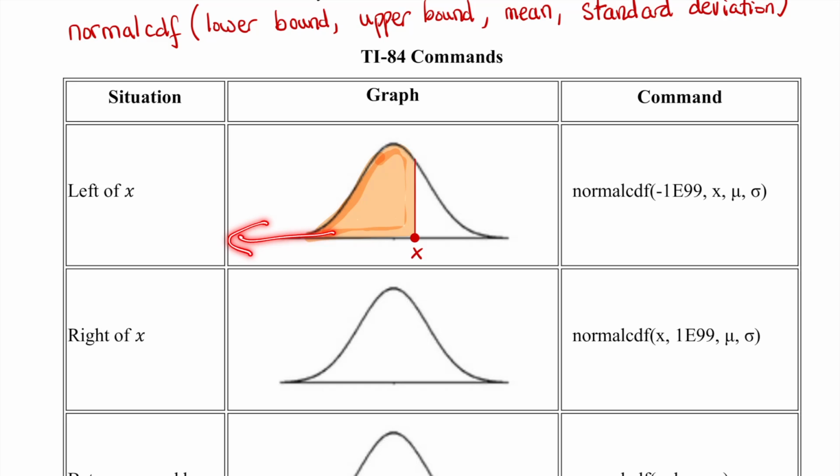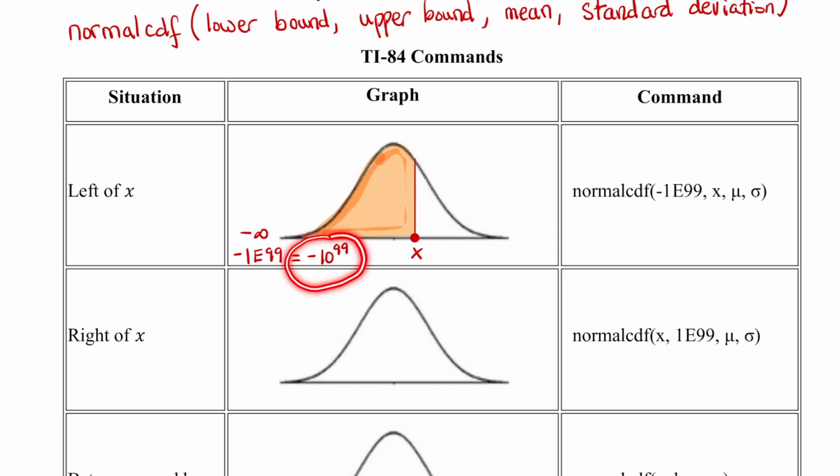Because the calculator cannot use negative infinity, we use negative 1e99 instead. The notation negative 1e99 means negative 10 to the 99th power, which is an extremely large negative number.